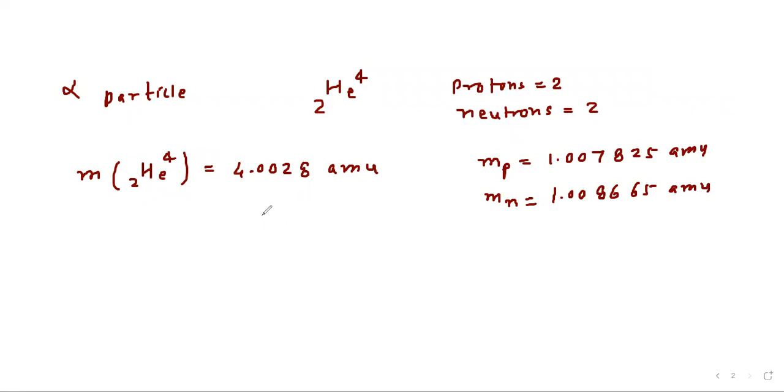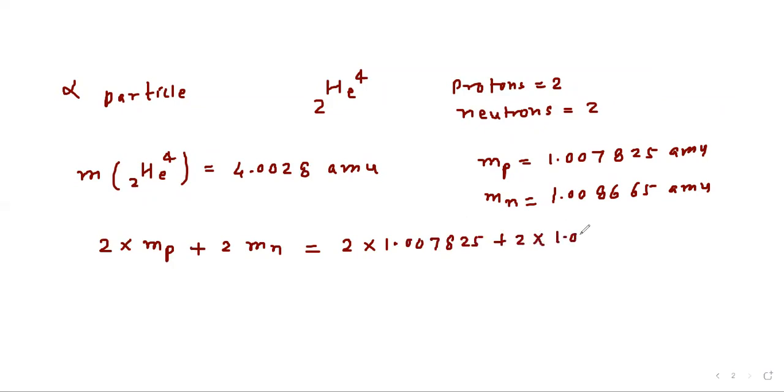So let's calculate the mass of the protons and neutrons. Twice the mass of a proton plus twice the mass of a neutron will be 2 times 1.00785 plus twice 1.008665.